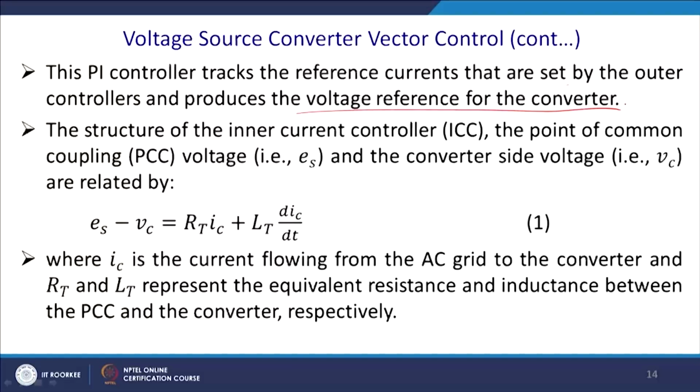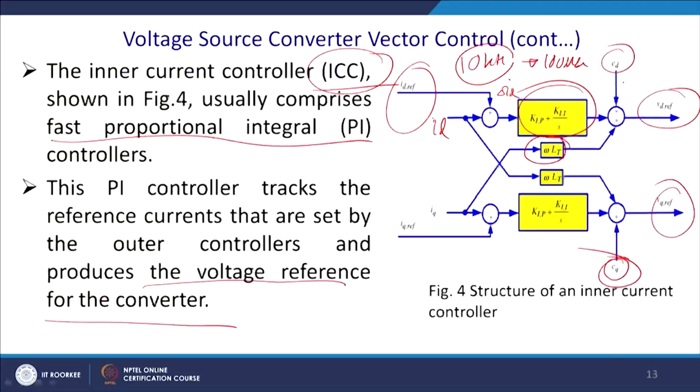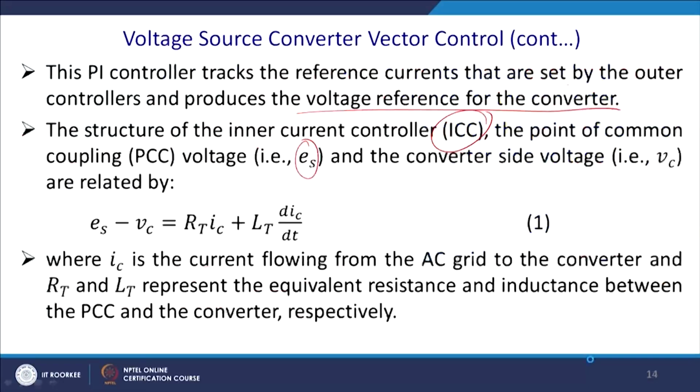So, for the structure of the inner current controller, ICC, at the point of common coupling, that voltage we will represent in the ABC frame as ES, and in the DQ frame as ED and EQ, and the converter voltage as Vc.